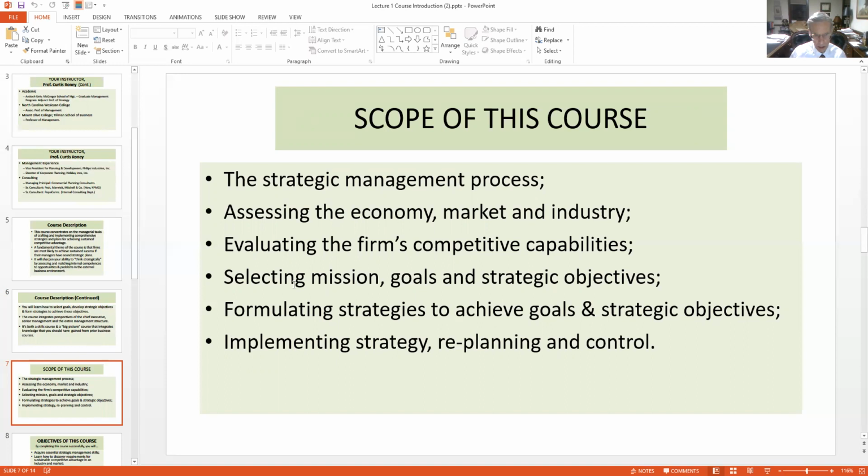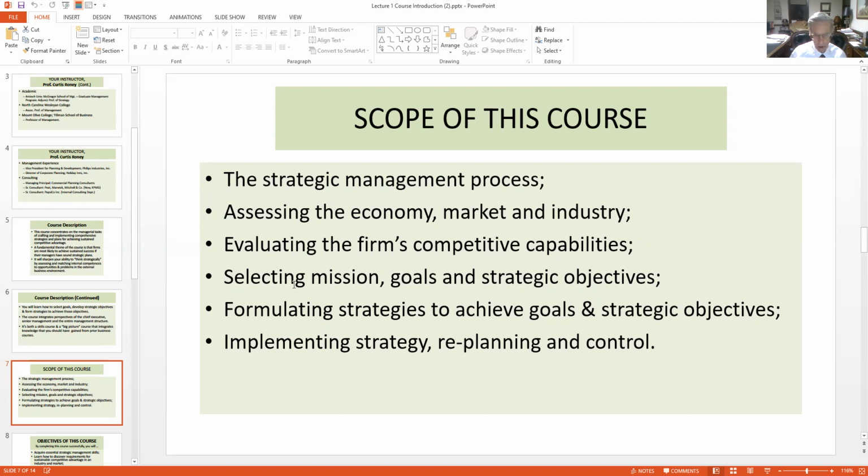But in order to get to the goals, we often have to identify progress standards along the way, or strategic objectives. What objectives will we have to achieve in order ultimately to achieve those goals?